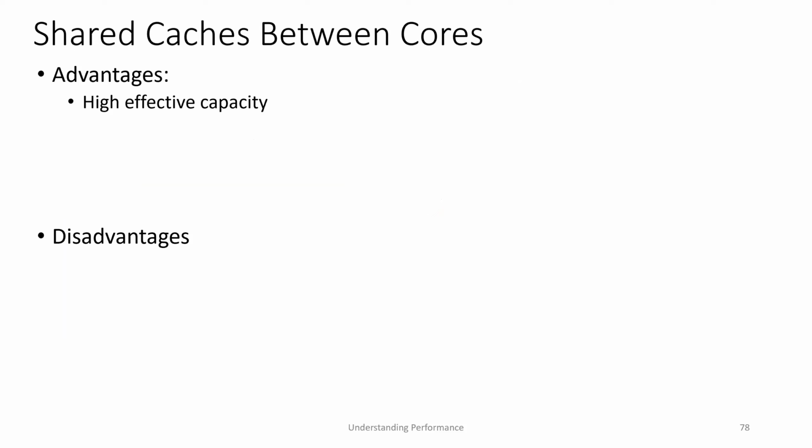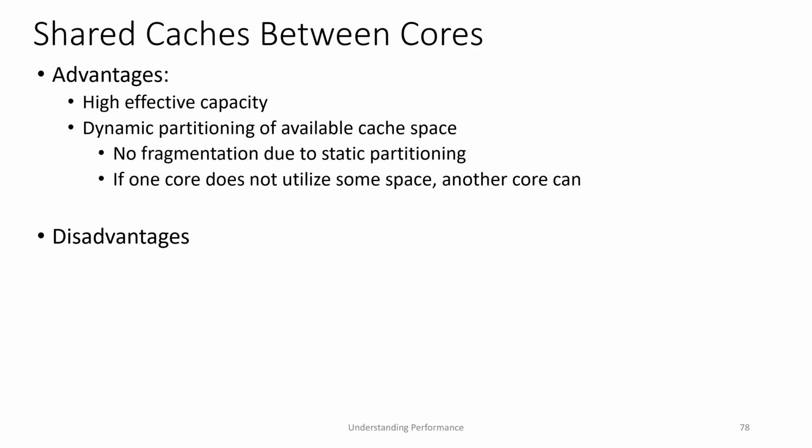Meaning, if we have, let's say, 2 MB of private cache, and one application is using only 1 MB of it, but the other application requires more than 2 MB, because we went with private caches, even though 1 MB of one core is underutilized, we cannot use it. But if we have a shared cache of, let's say, 4 MB, then most likely the second core, which was requesting more than 2 MB of space, might benefit. That's what this term means, effective utilization of existing capacity.